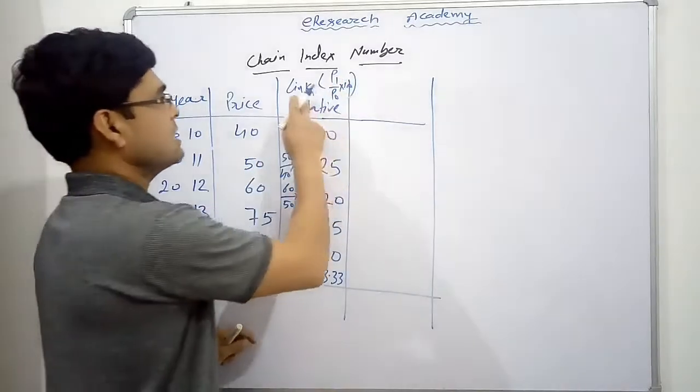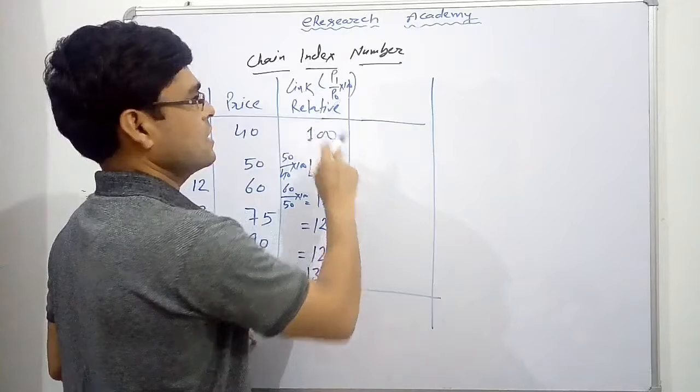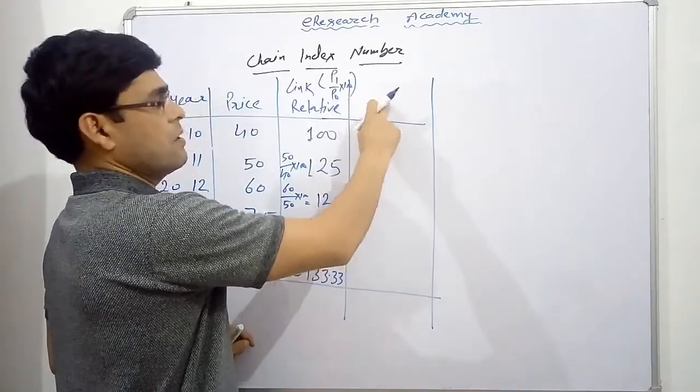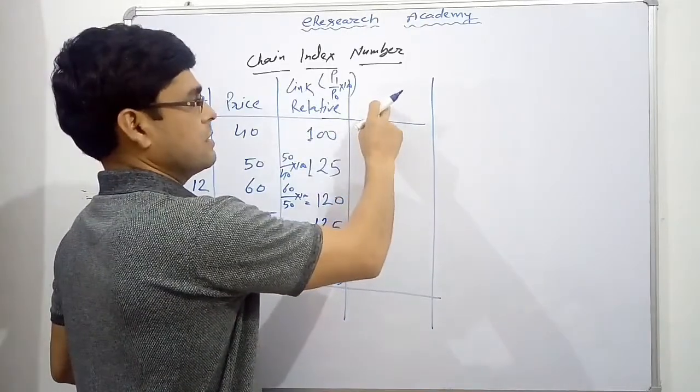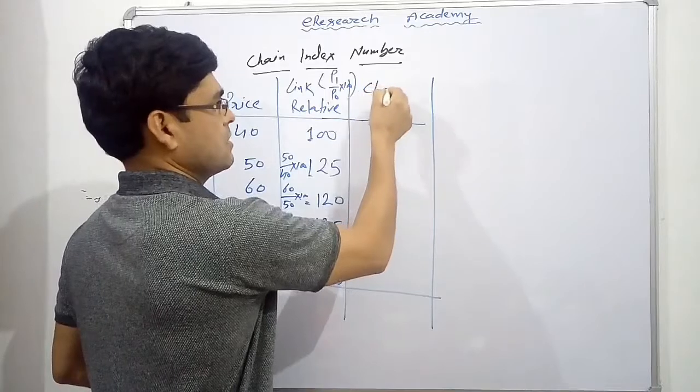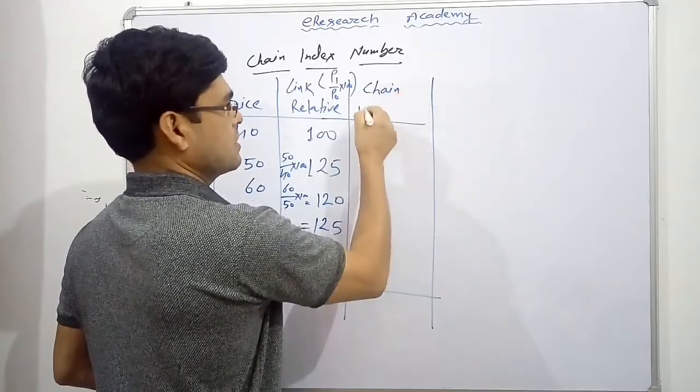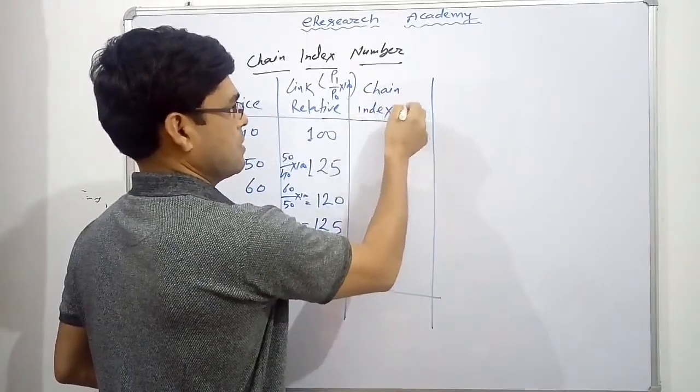Once the link relative is constructed, we have to construct the chain index number.